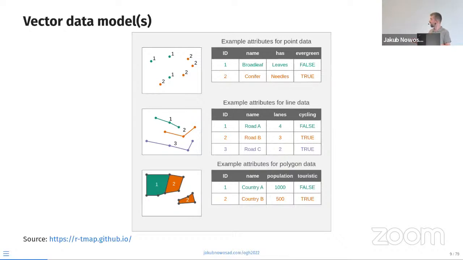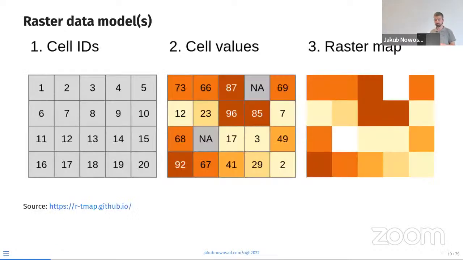And you can see here that our locations are connected to attributes. And currently, the most prominent way of dealing with this vector data model is just to treat points as the main building block. So lines are basically points connected by straight lines. And polygons, the same, those are just points connected by straight lines with the idea that the first and the last point is the same.